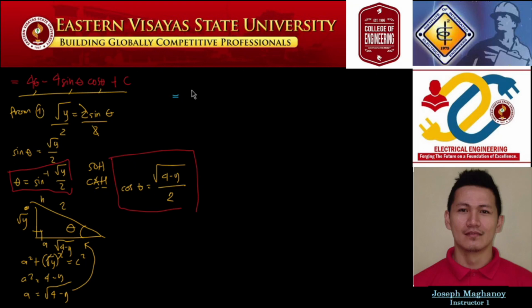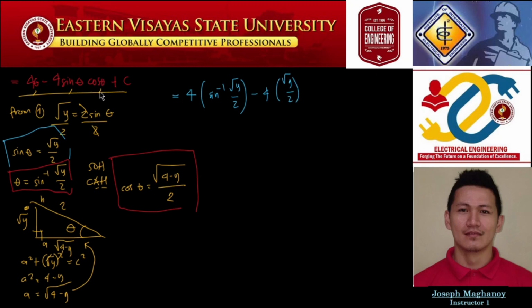Okay, so what is the value of our theta? That is sine negative 1 square root of y over 2. So minus 4. What is the value of our sine? That is here. We can use that. 4 quantity square root of y over 2.